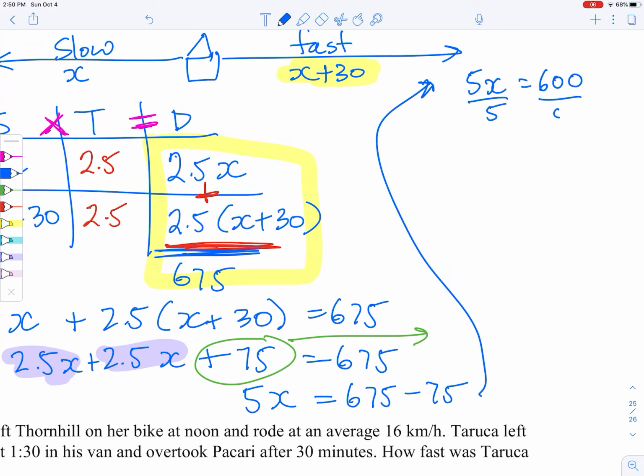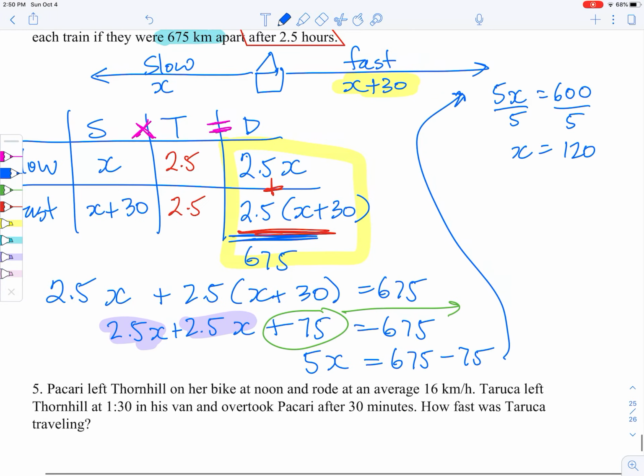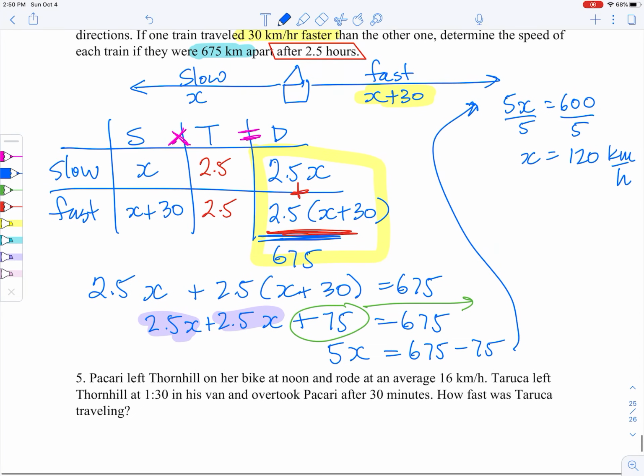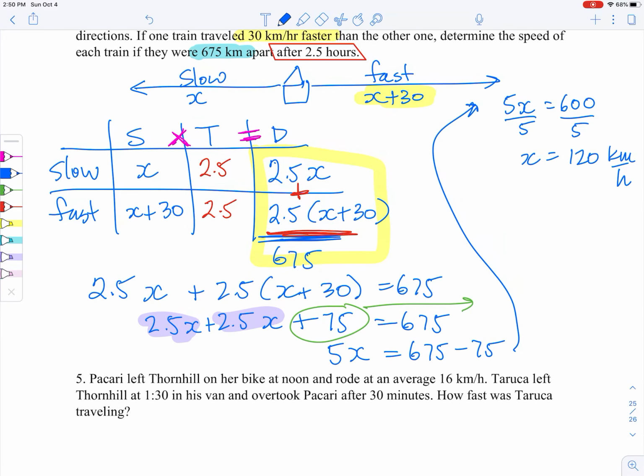So that would give me 5x equals 600. Divide both sides by 5. x equals 600 divided by 5 gives me 120. We were solving for the speed, so that's going to be 120 kilometers an hour. They asked us to find the speed of each train.